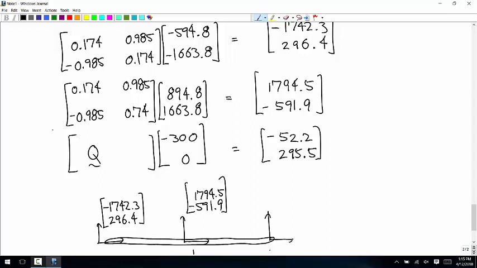And then at the end we have negative 52.2, positive 295.5. And so now after all that, we have sort of an easy internal loads problem.